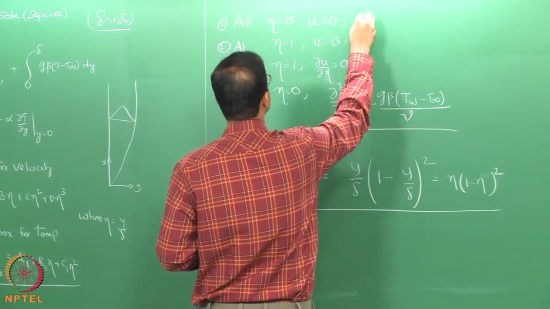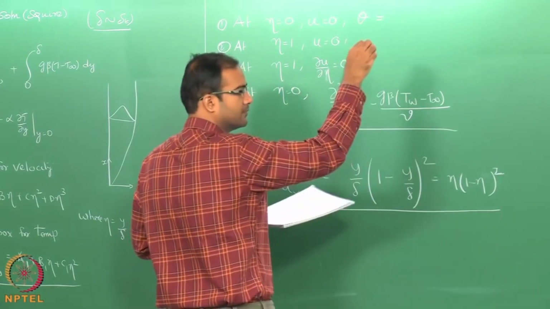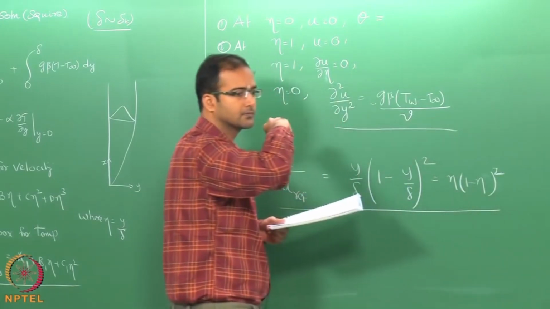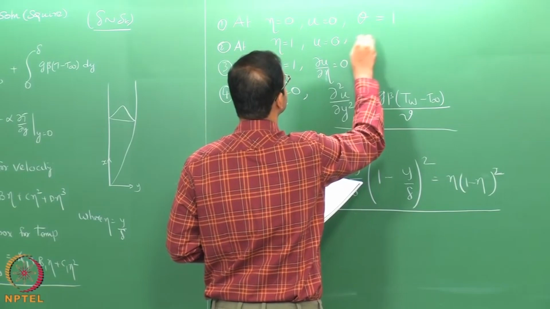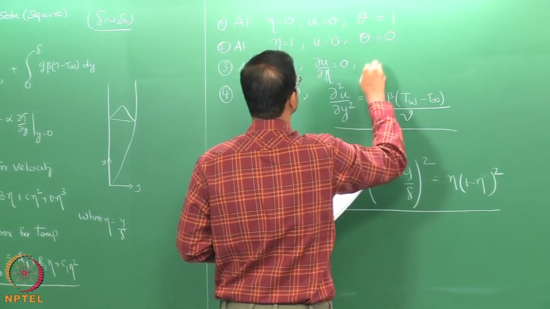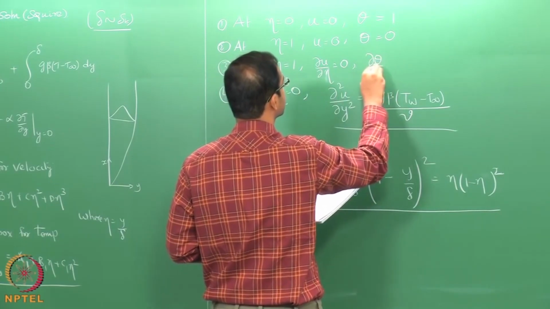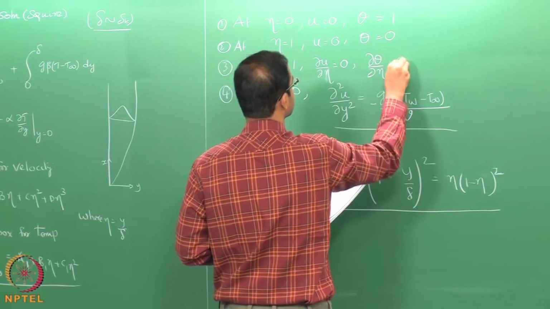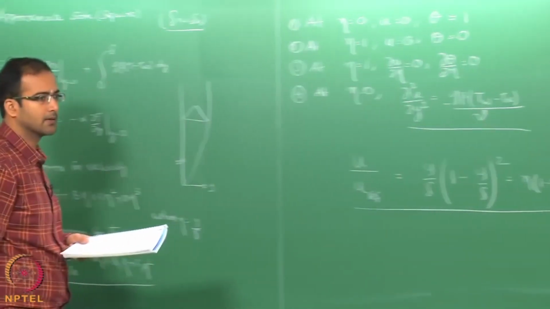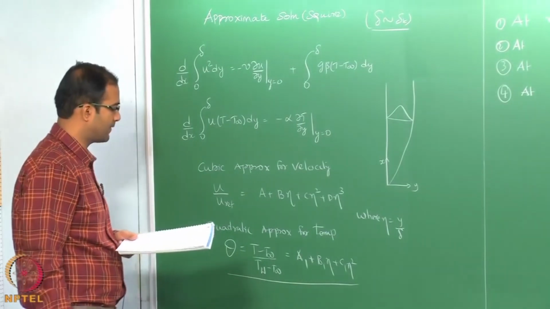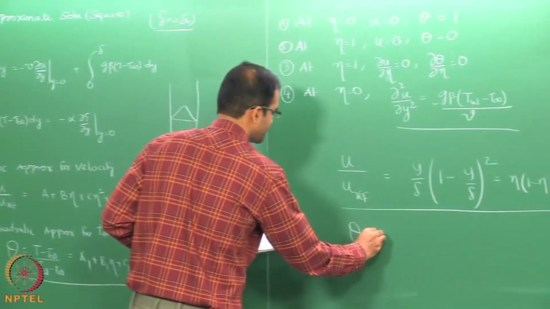At eta equal to 0, what is your value of theta? 1, and at eta equal to 1, theta equal to 0, and then the third boundary condition, d theta by d eta equal to 0. So, apply these 3 conditions quickly and find out the temperature profile in terms of theta.